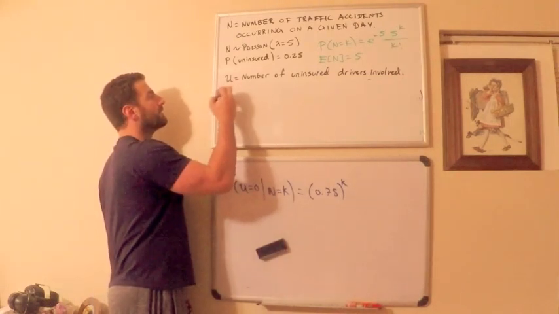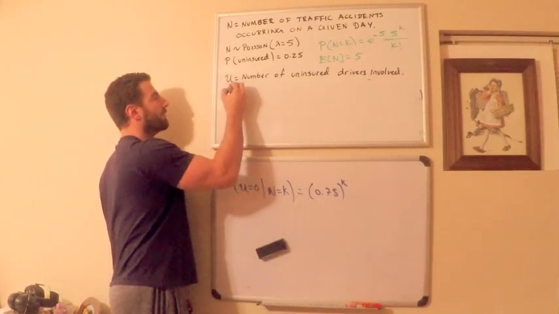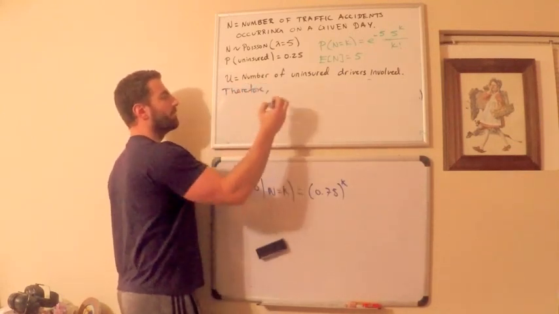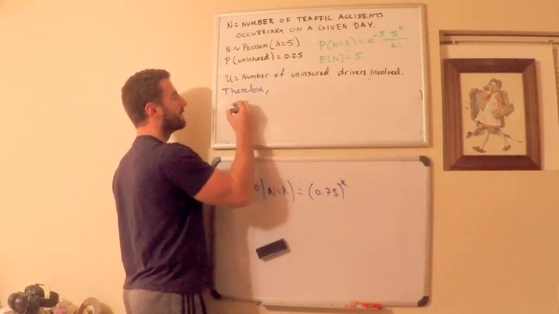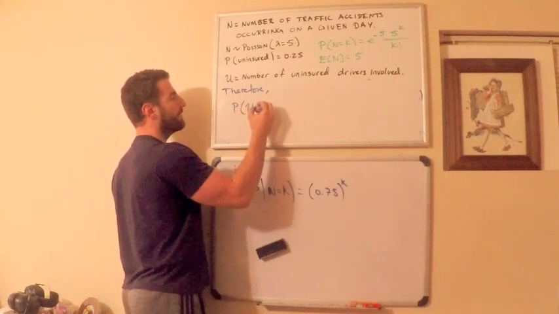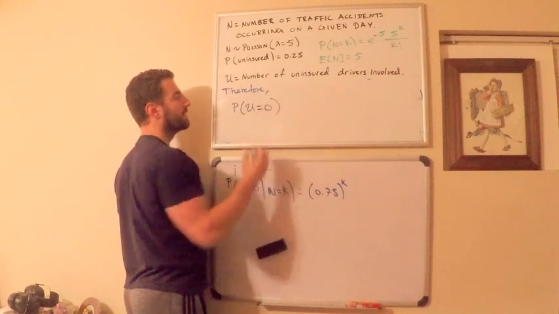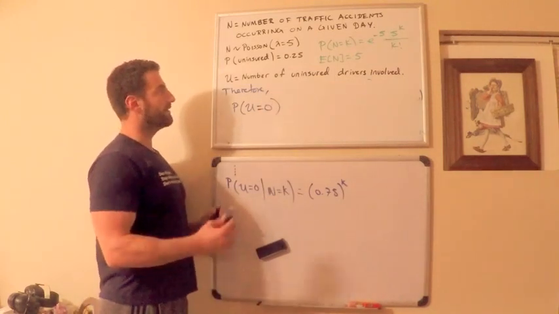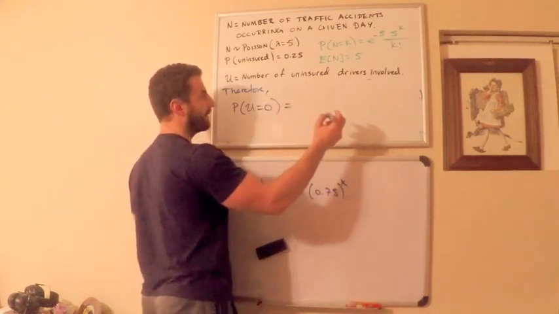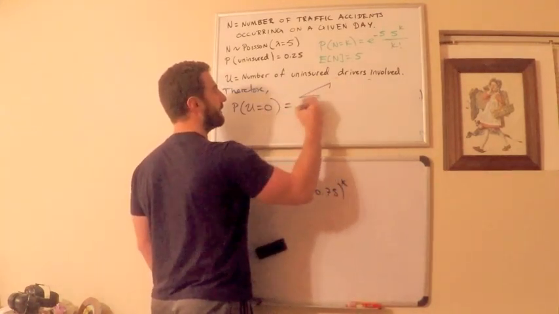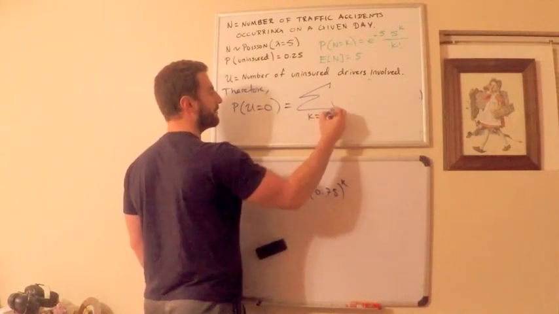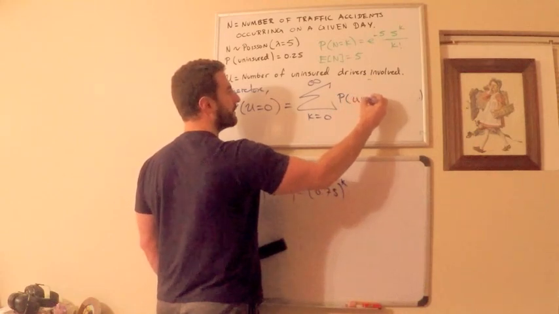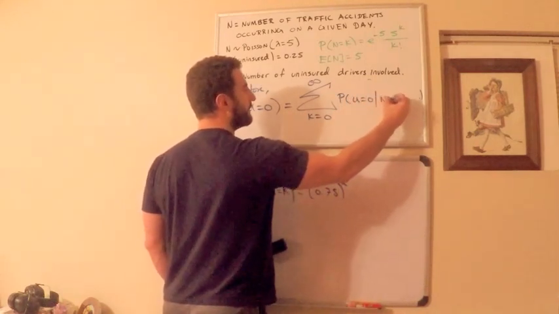Therefore, what we have here for the probability that the number of uninsured motorists or drivers involved in this day is equal to 0, using the law of total probability, is the sum from k equals 0 to infinity of the probability that u is equal to 0 given n equals k.